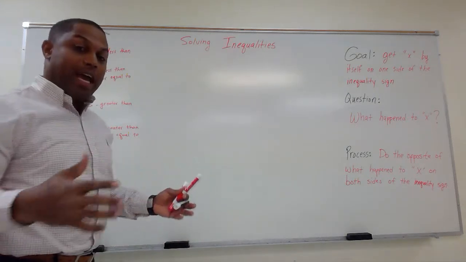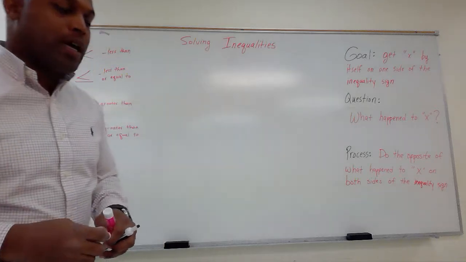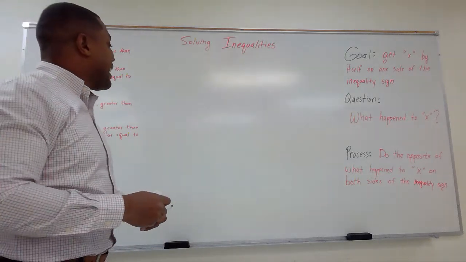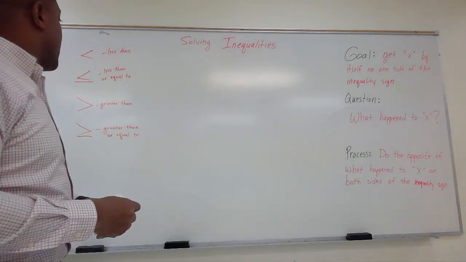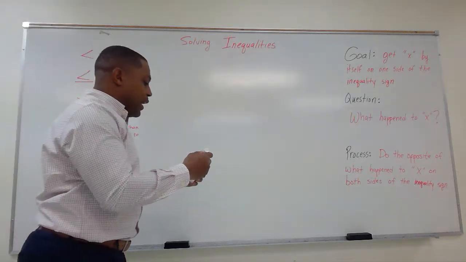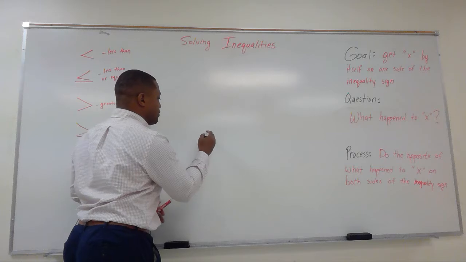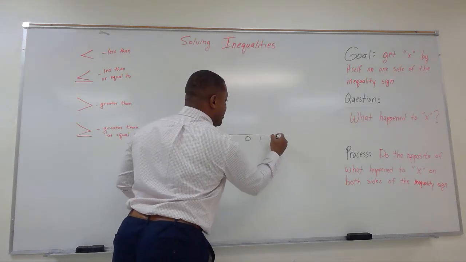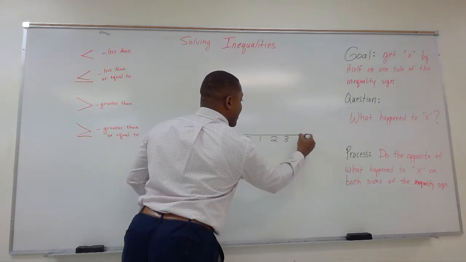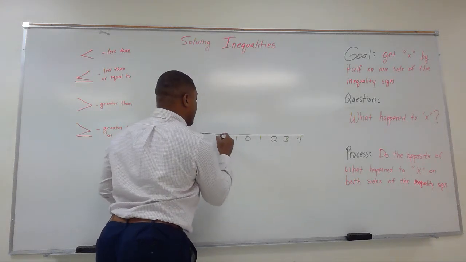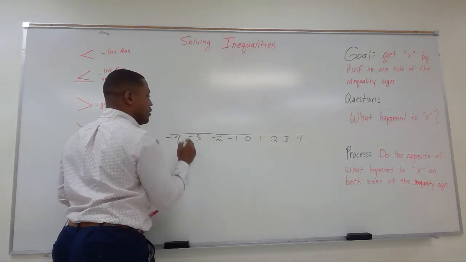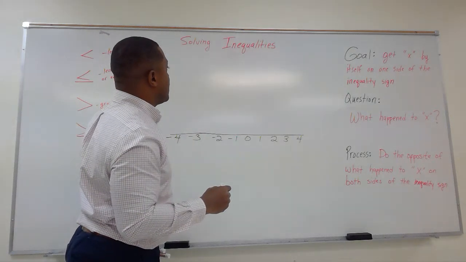So what if we are asked to chart an inequality? We would have to have a number line. Okay, so it's -1, -2, -3, -4. All right.